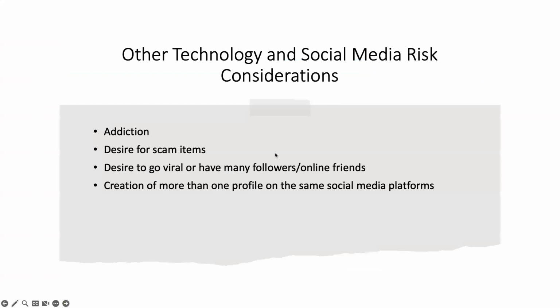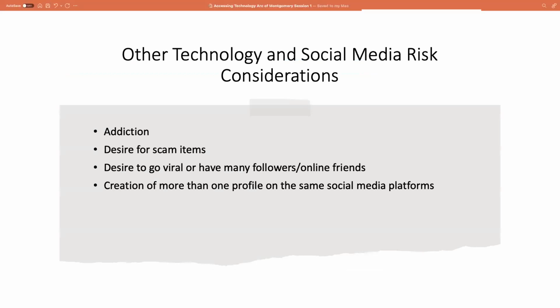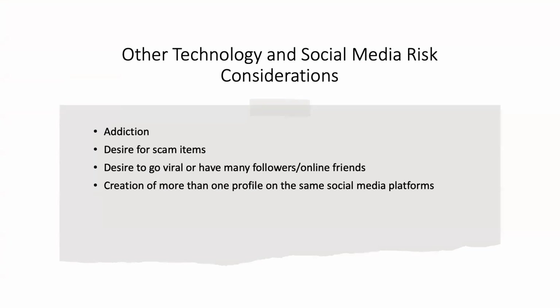All right. So other things to consider with these risks are a few things that tend to get mentioned, but not as much because addressing it is difficult. However, I've worked on some things to help with this. So technology addiction is a huge thing.